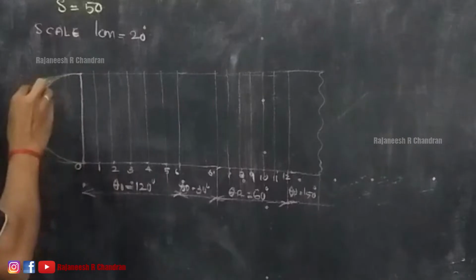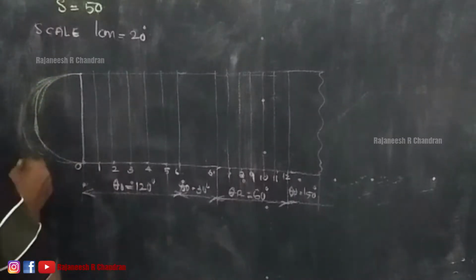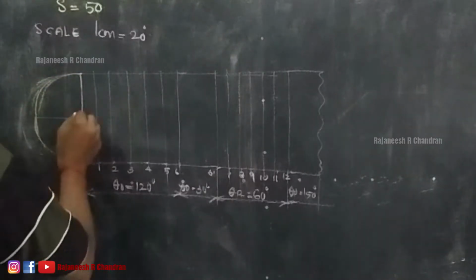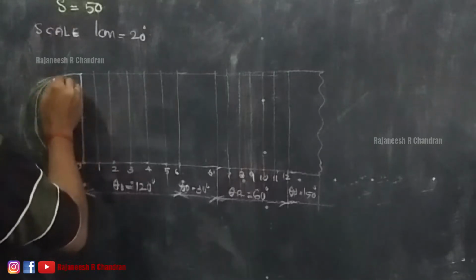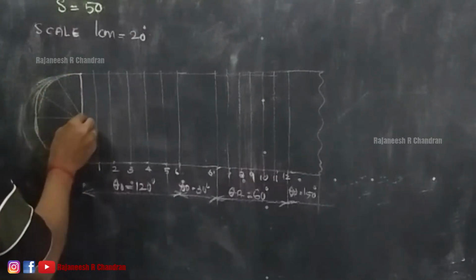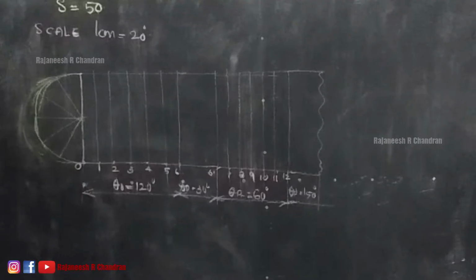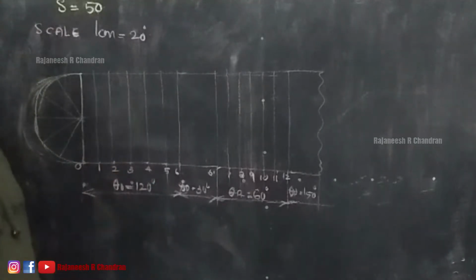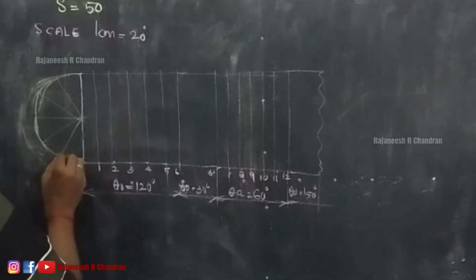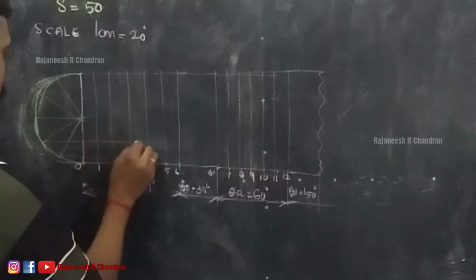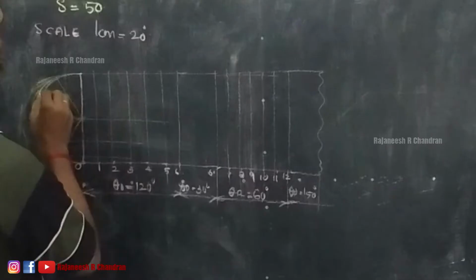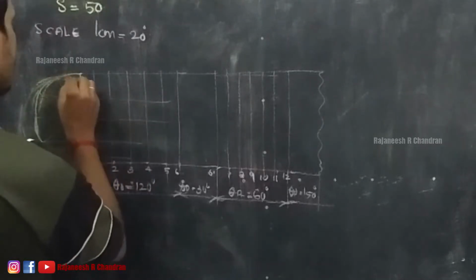Keeping this portion as a diameter, draw a semicircle and divide the semicircle also into 6 equal parts. Now from each point draw horizontal lines.